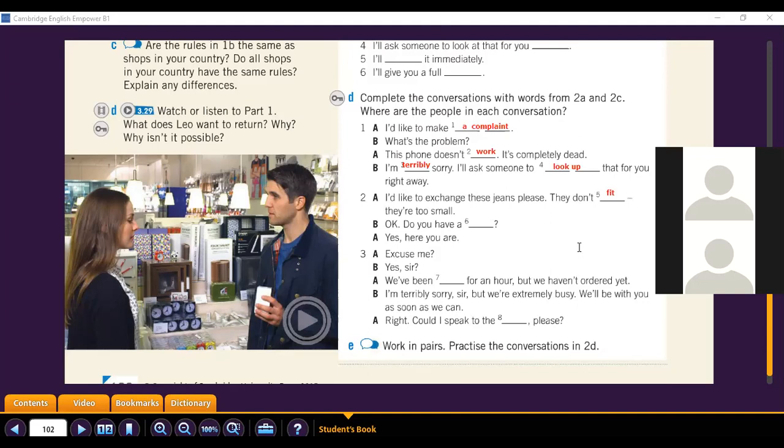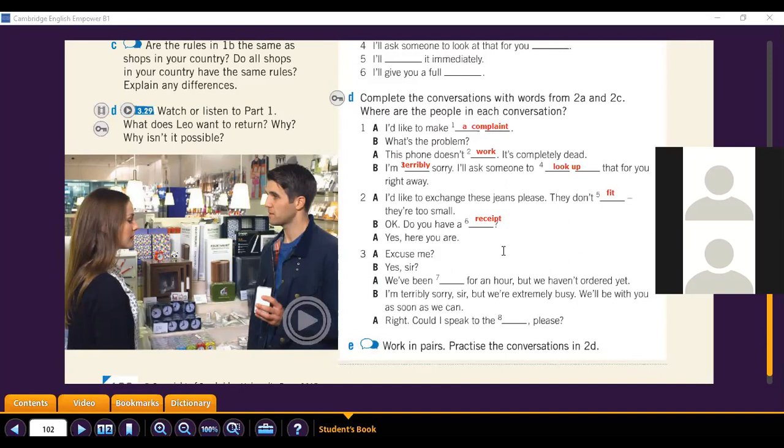They are too small. Son muy pequeños. Okay, do you have a receipt? Siempre nos piden, ¿no es cierto? Para cambiarnos nos piden la factura. Do you have a receipt? Yes, here you are. Gracias a Dios, aquí sí han tenido la factura, ¿no es cierto? Nos dicen, yes, here you are.